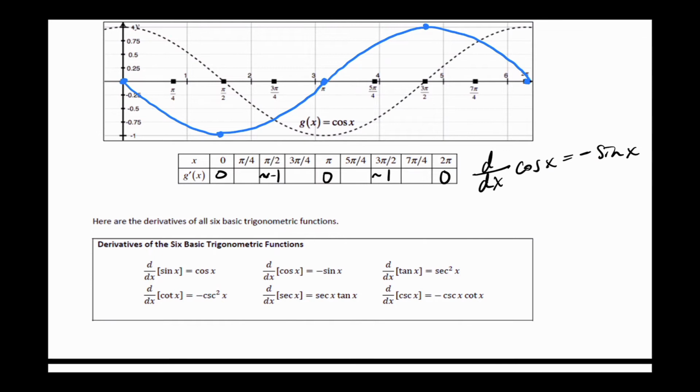So we're going to draw what's called a cycle. It goes in circles. We're going to start with sine. What's the derivative of sine? We just found it out.